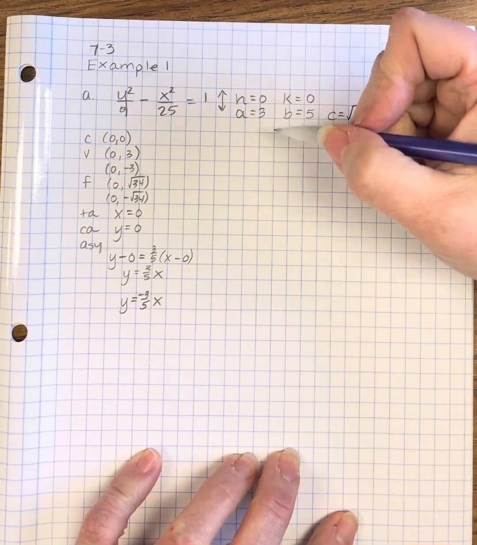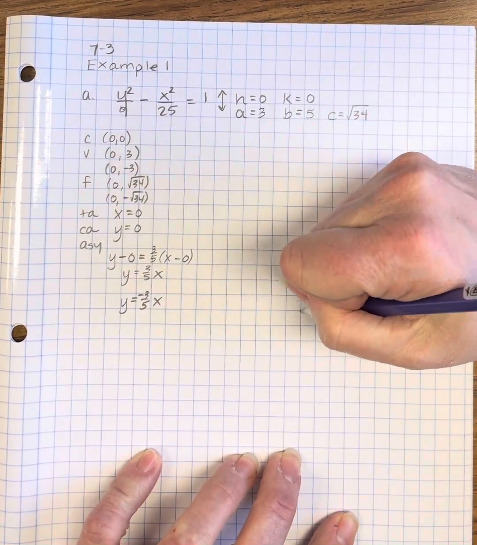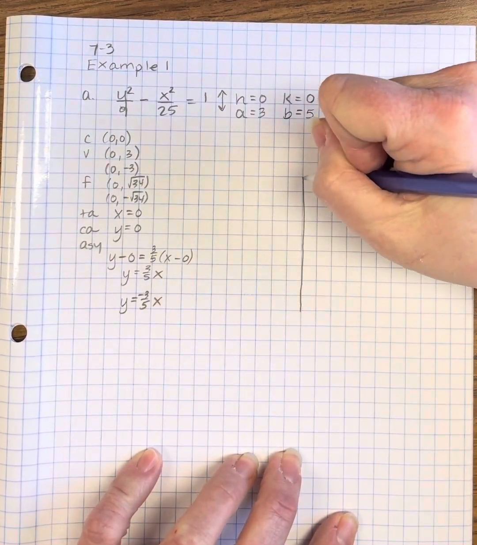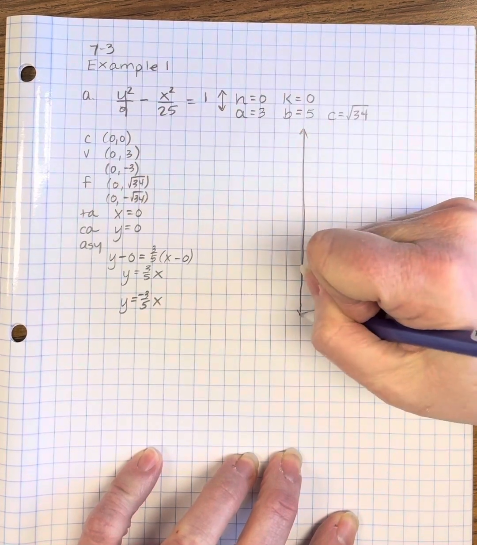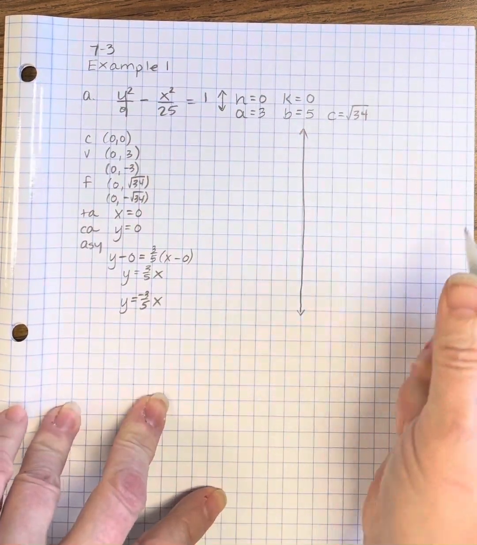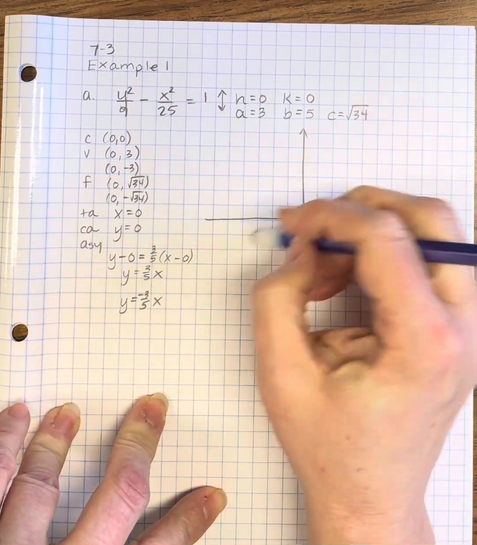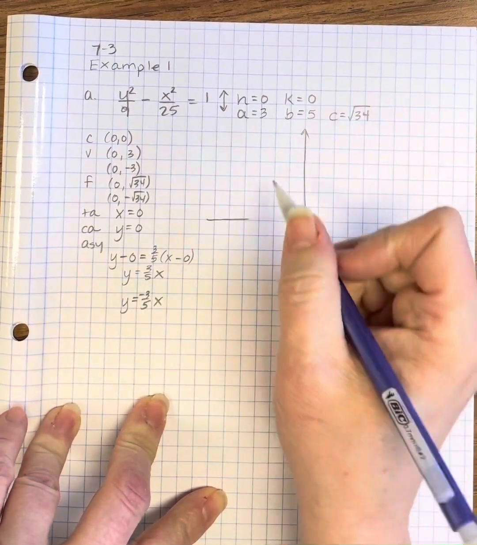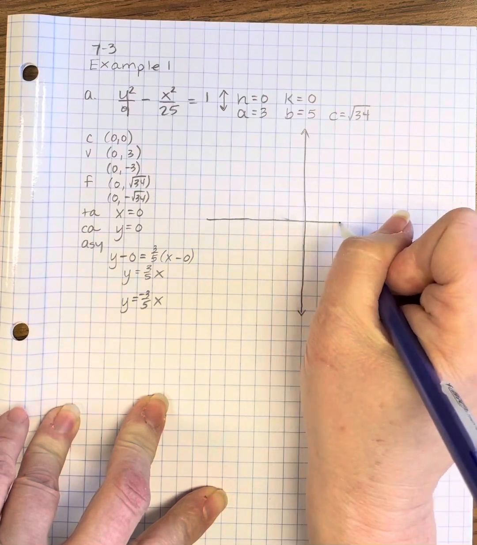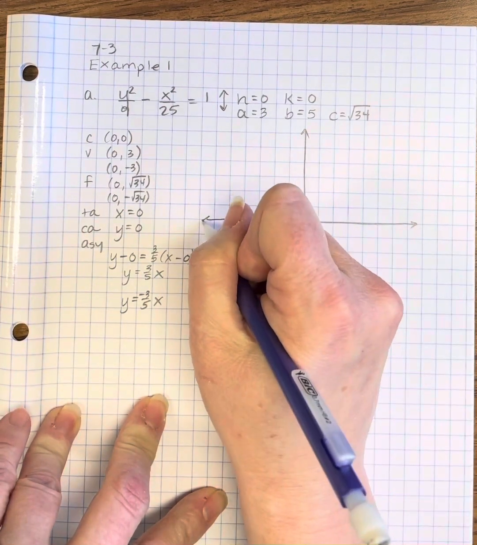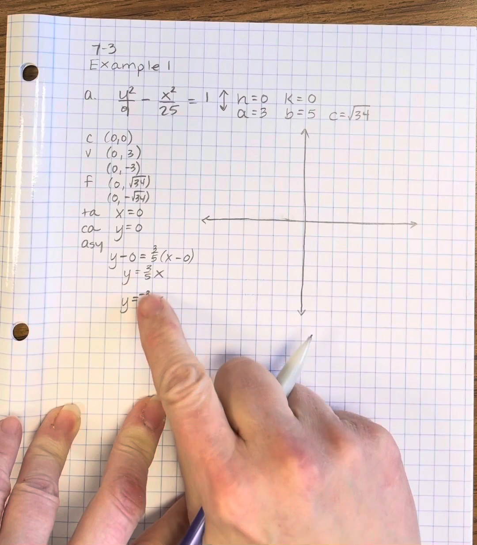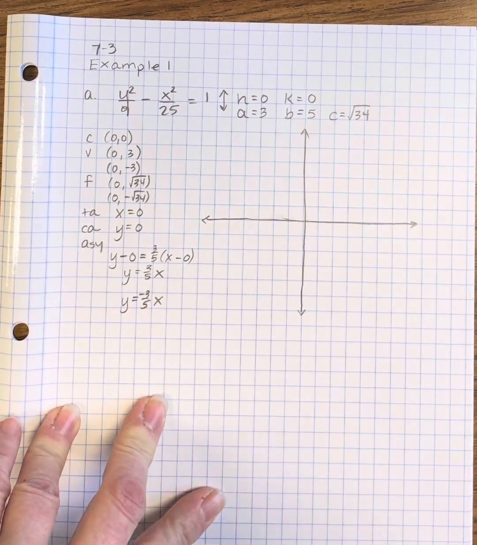So this one's centered right at the origin. I'm going to draw my x and my y axes. First thing I'm going to do is graph my asymptotes.